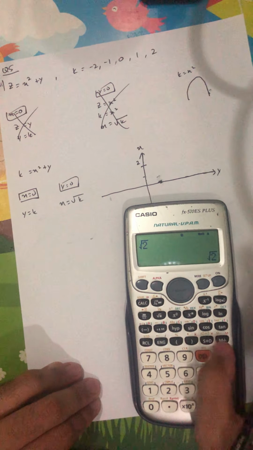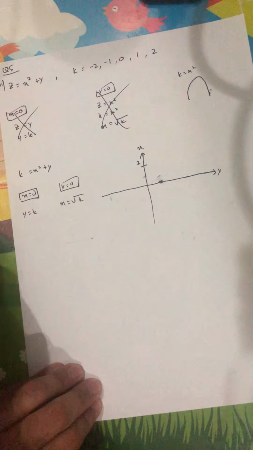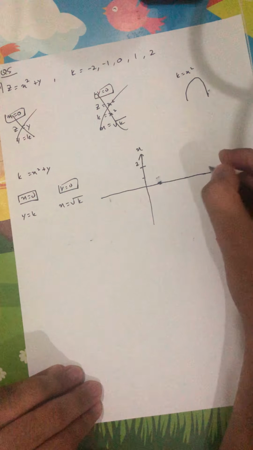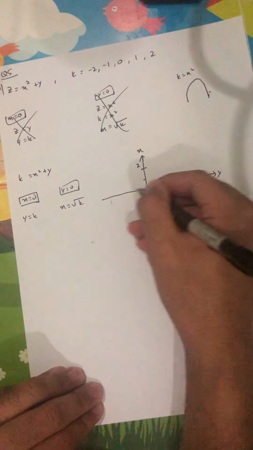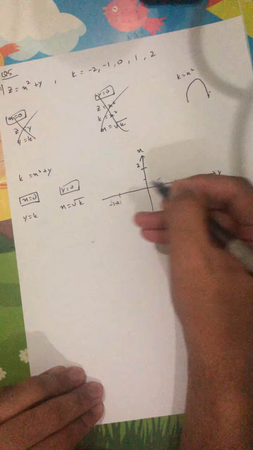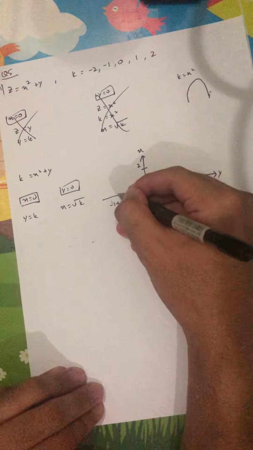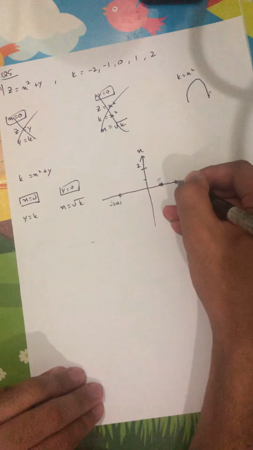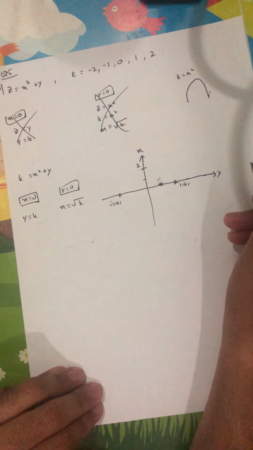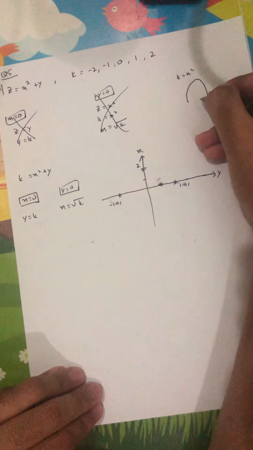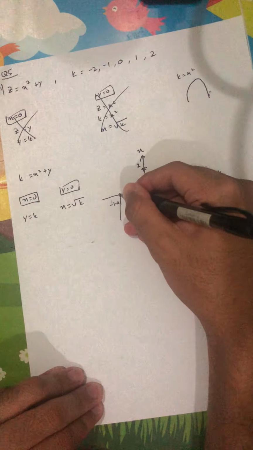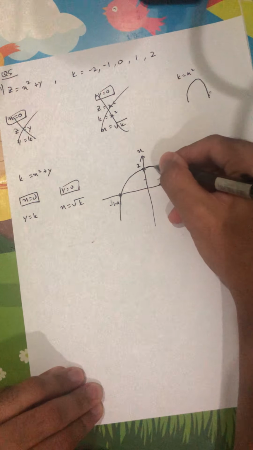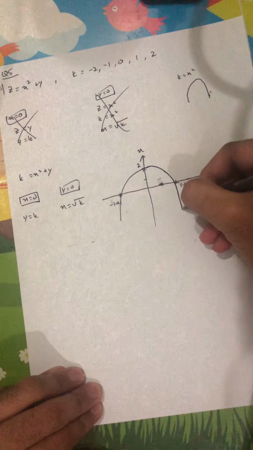Root of 2, so plus minus 1.41. Okay, so maybe let's say this is 1.41, this is negative 1.41. So this is the point, this is the point, and y is equal to k, k is equal to 2, this is the point, and the shape should be like this, right? So it will be something like this.